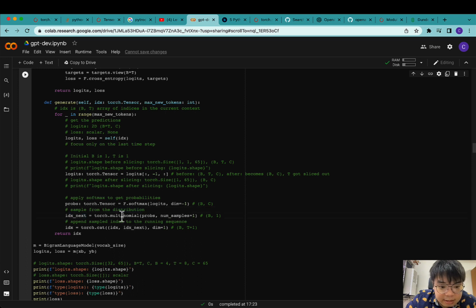And idx next is torch.multinomial. They pass this probability into this multinomial function here, and they sampled from the probability distribution, I guess.